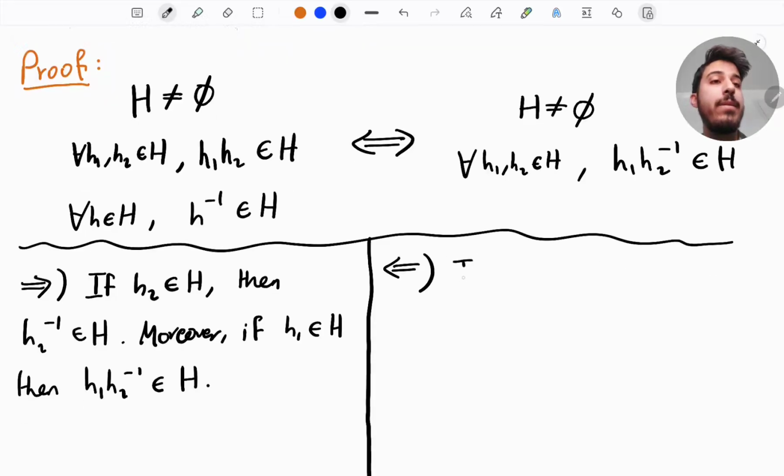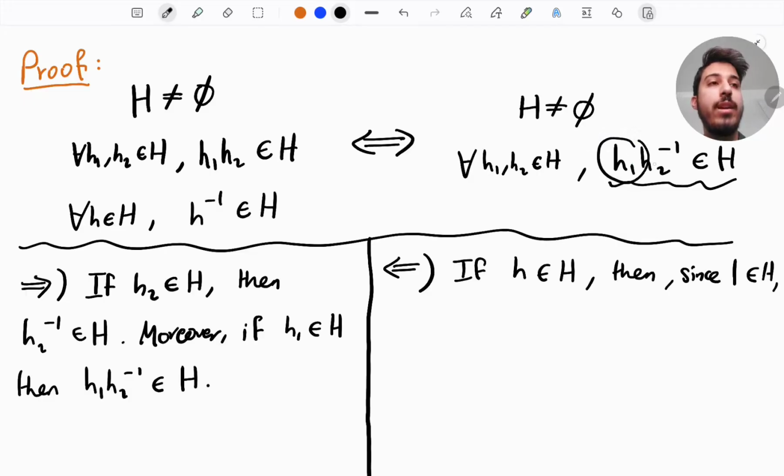So if H is in H, then since we know that 1 is in H, we can use this property where 1 is here and H is there to say that 1 times H inverse is in H. But 1 times H inverse is equal to H inverse.